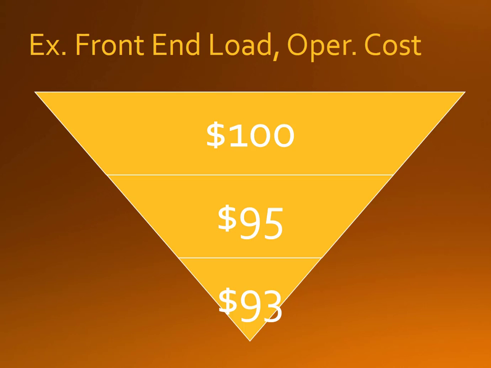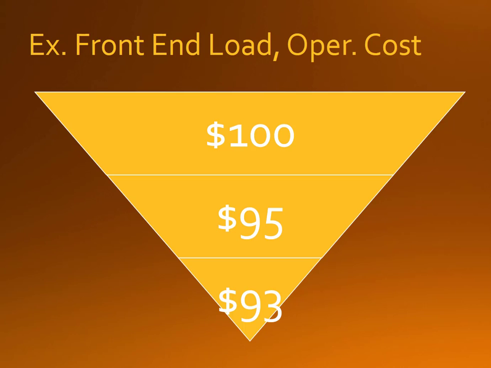So let's take an example and make this even more real. After your 5% commission or sales charge, starting with $100, your $100 is invested at $95. If you take into account the operating costs, that's another 1%. So now you're investing $94.